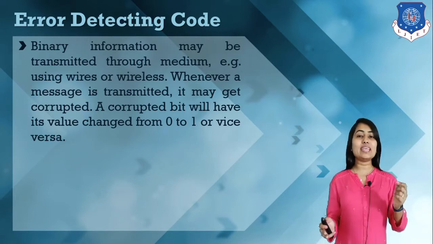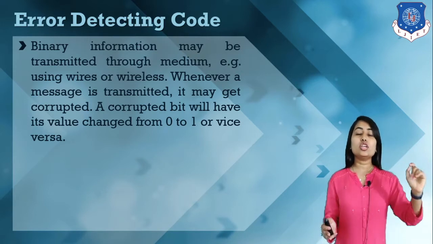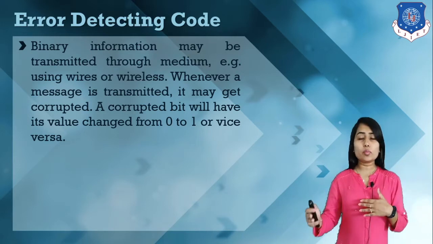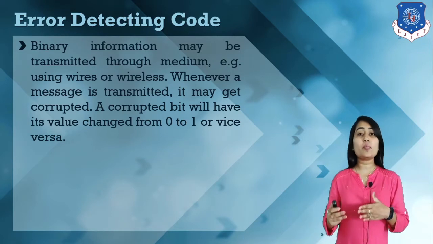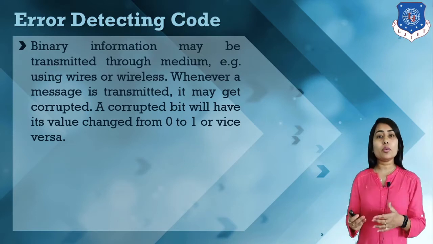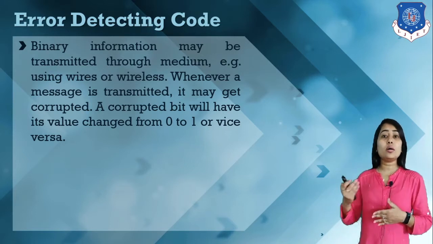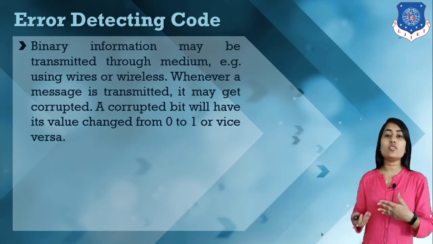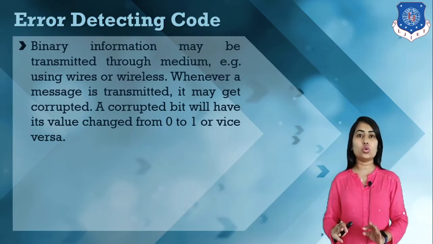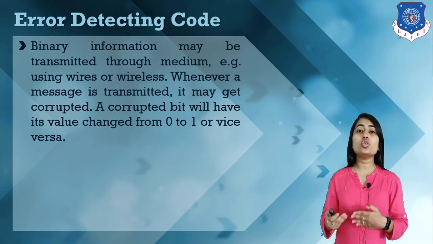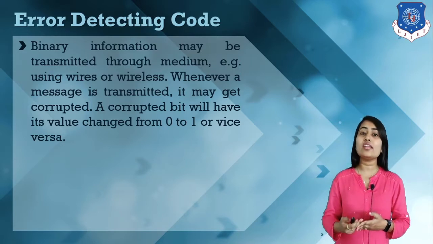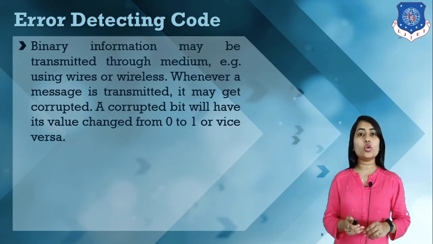It may be possible that our information gets corrupted, that our bits get changed either from 0 to 1 or from 1 to 0. So we have an error, and it is necessary to detect that error, so that's why the error detecting code is used.